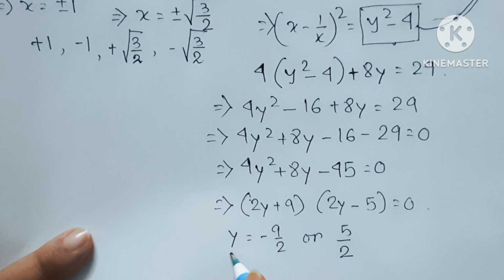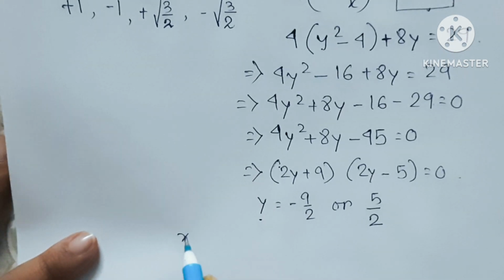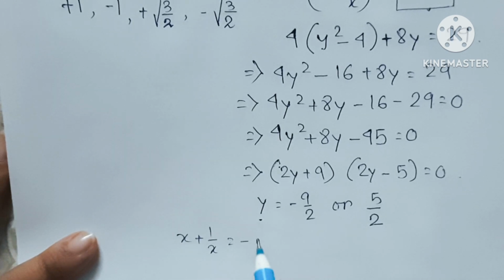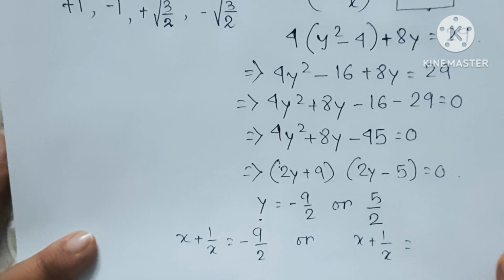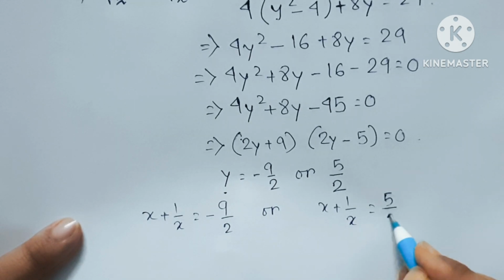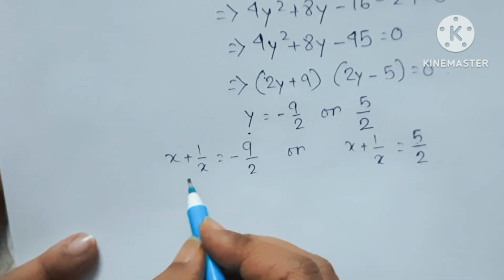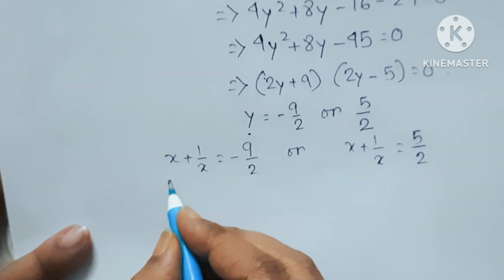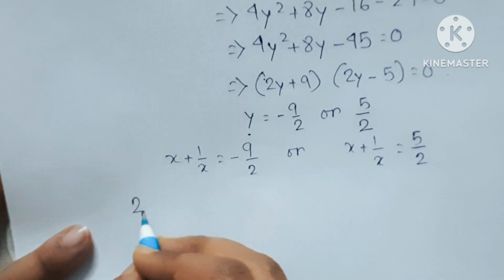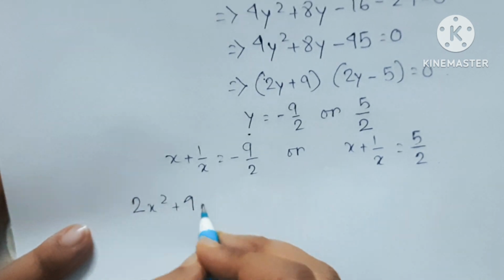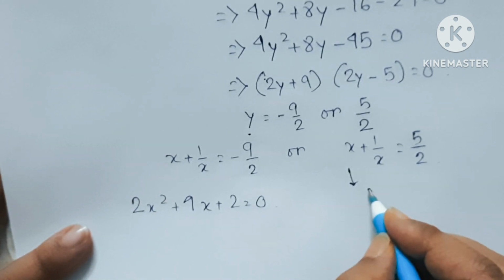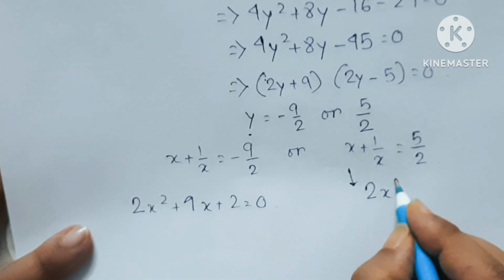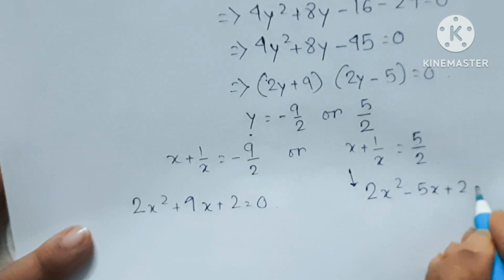Okay. This is the value of y. Now, y means x plus 1 by x equal to this one, or x plus 1 by x equal to this one. So, here you will get another quadratic equation. From here you will get 2x square plus 9x plus 2 equal to 0, and here you will get 2x square minus 5x plus 2 equal to 0.